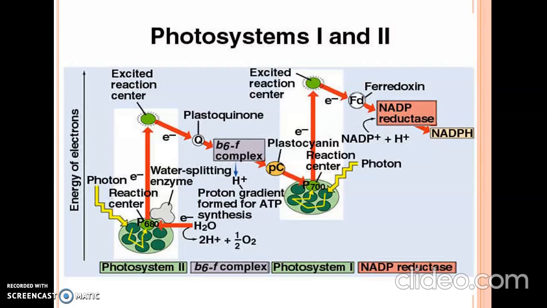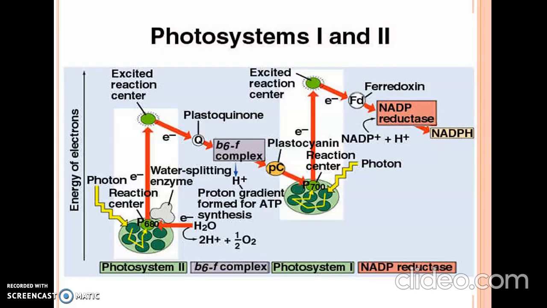From that the electrons do not come back to photosystem 2. They reach photosystem 1, where they again get excited and release the electrons to ferredoxin, where the electrons are given to NADP reductase, and the NADP is reduced to NADPH2. During this process, water is photolyzed to release oxygen.